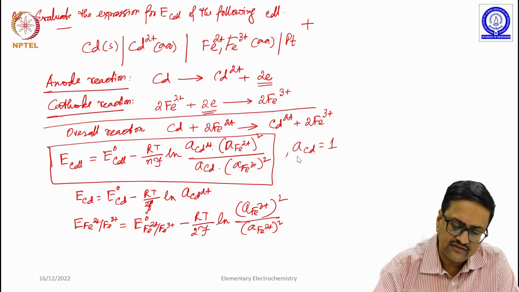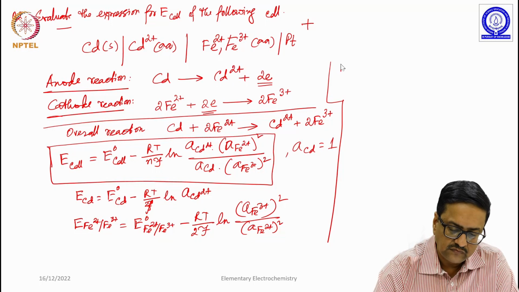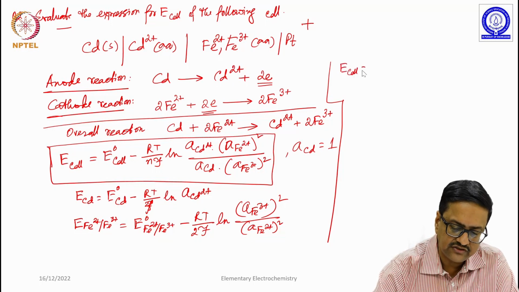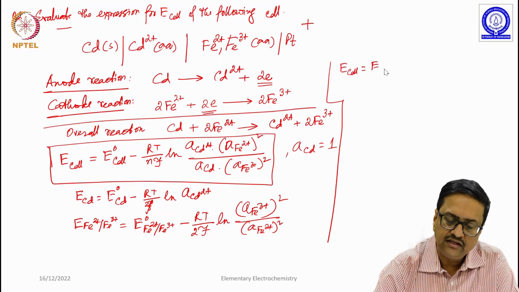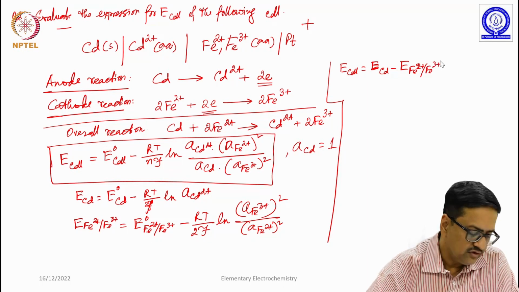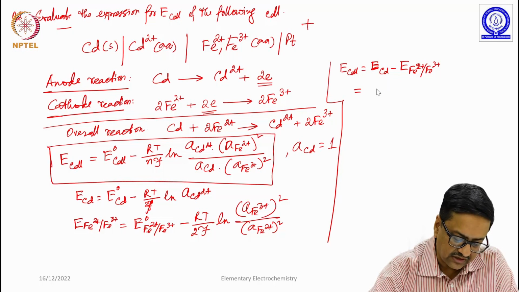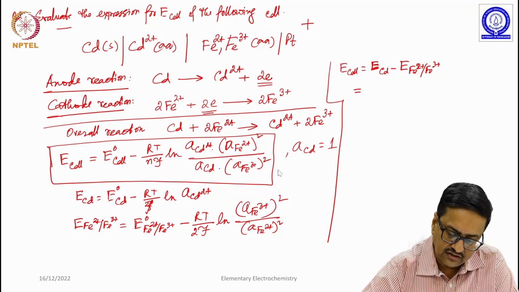So one can easily write that E cell is equal to E Fe3 plus Fe2 plus minus E Cd, which is again nothing but what we have obtained here.